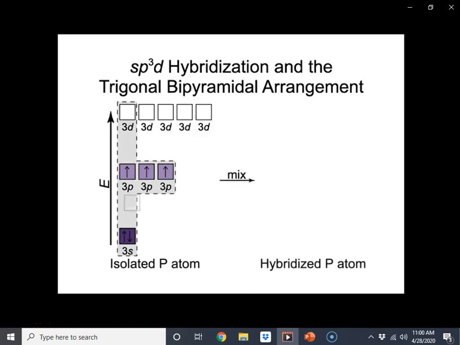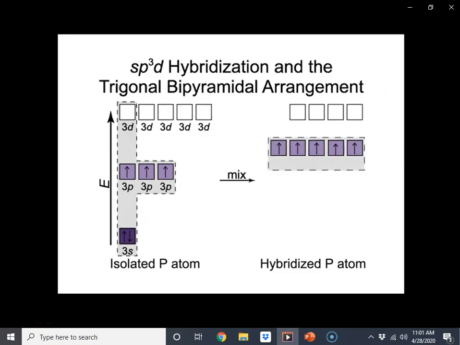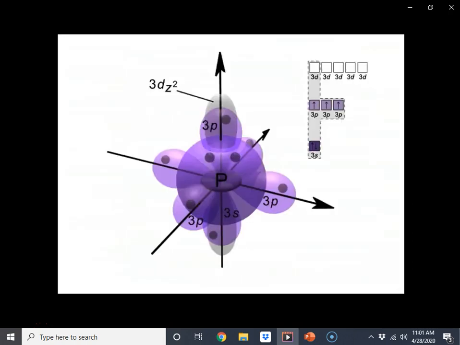From 5 atomic orbitals, we get 5 molecular orbitals. We're going to call those sp3d's, and we're going to put all 5 of those valence electrons, 1 in each one. The other 3d's are left over, and there are no electrons in them, so we're not going to draw them here.